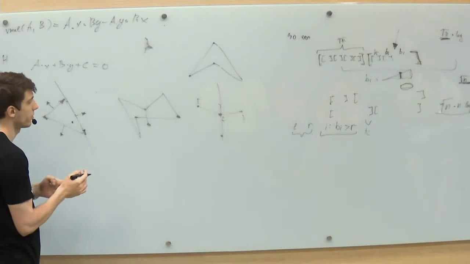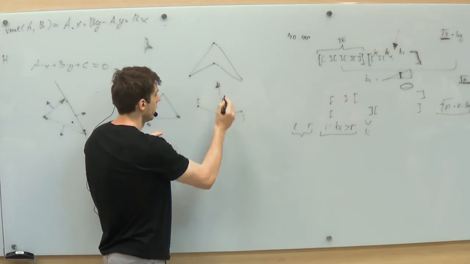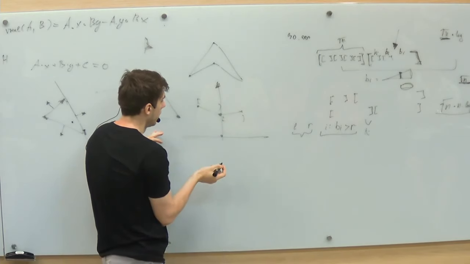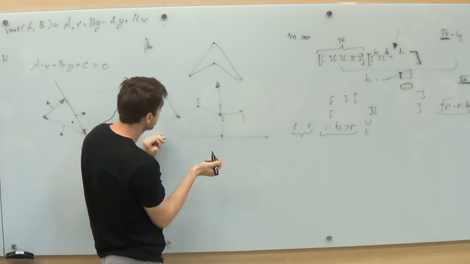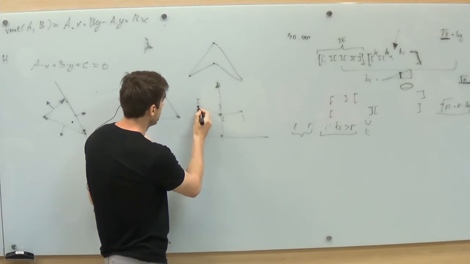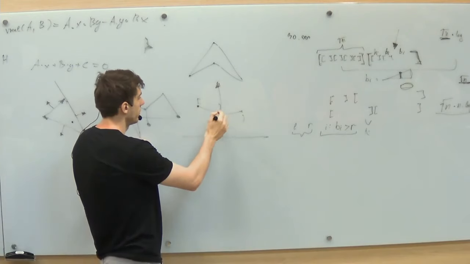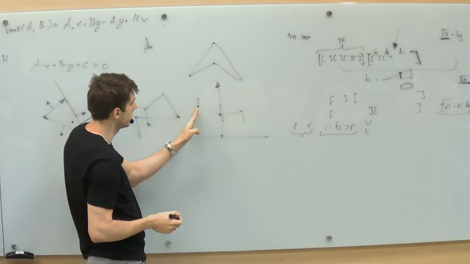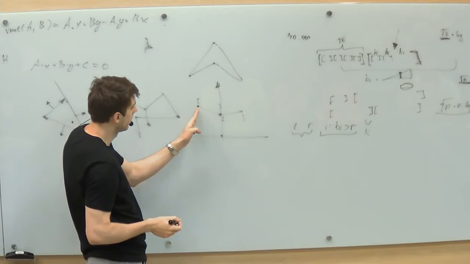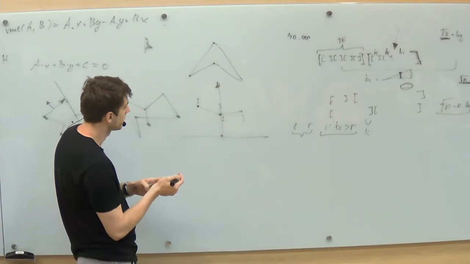And basically, how you actually check for intersection: you have the ray, and the left point should be to the left of our ray, and this point should be to the right of our ray. In this case this is a non-strict comparison, and this is a strict comparison.